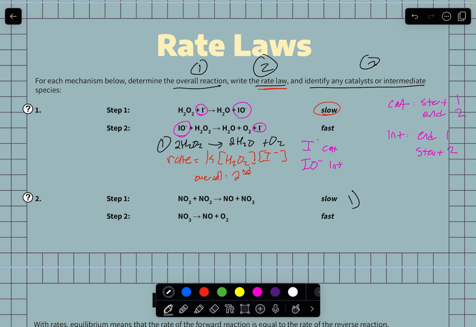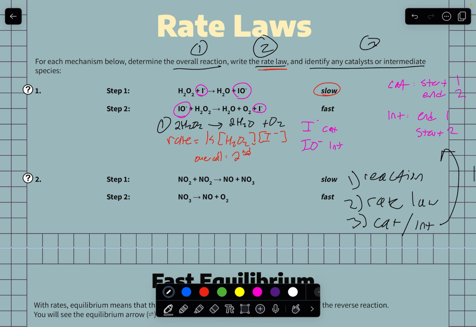You're going to first determine the overall reaction by doing stoichiometry. Then you'll write the rate law. And then you determine if there are catalysts or intermediates based on those standards. Okay? So work through that. If you need to check your work, come ask me during class. But you should be able to do that at this point.